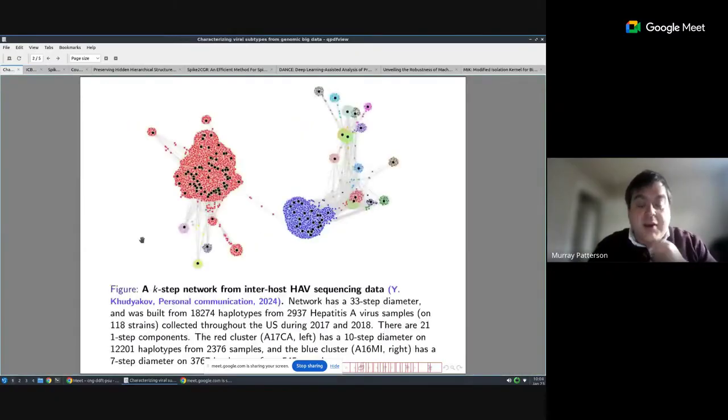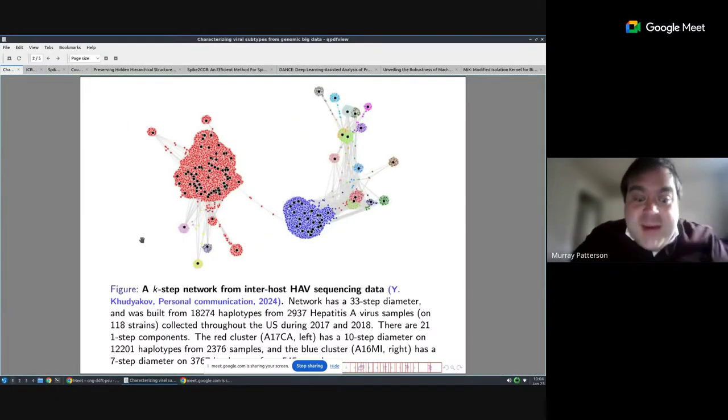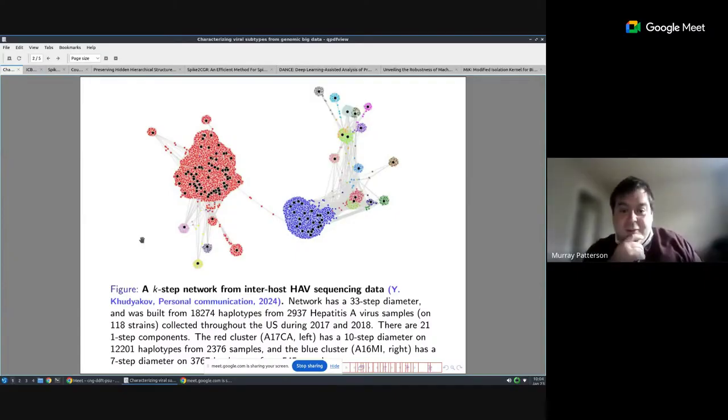I just wanted to give this slide to connect what I'm working on to pangenomics, since this is a pangenomics biohacking conference. One could view viral subtypes as a pangenome in some sense.